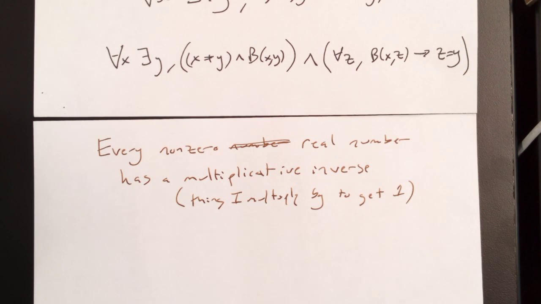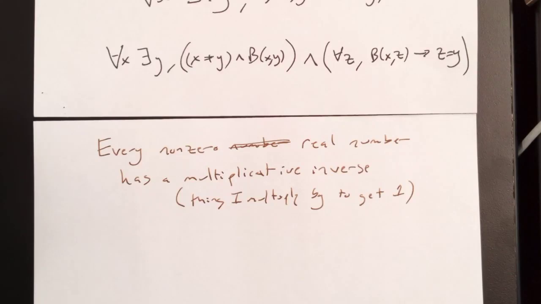I do? If you have anything times the fraction, 1 over that one. I do. So that's how I get the number. But that's not what this is saying. This just says every non-zero number has such a thing. I don't care how to find it yet. I just need to know it has one.